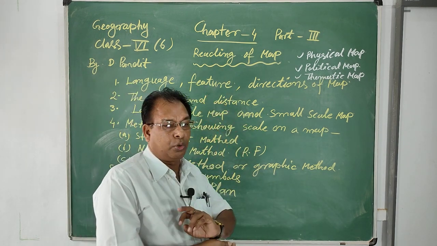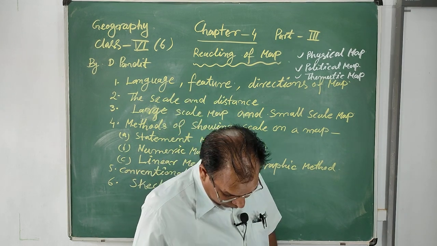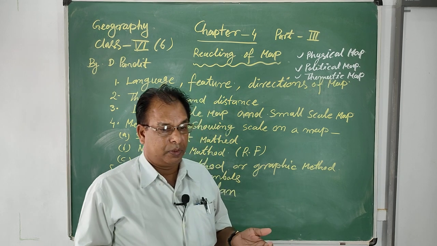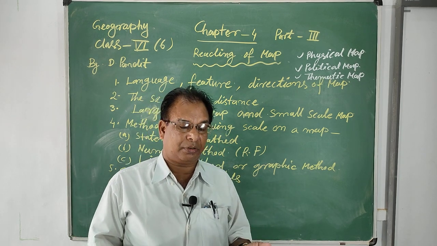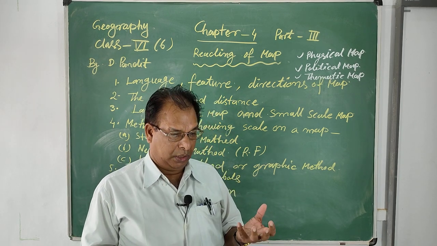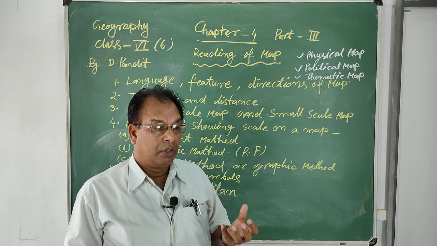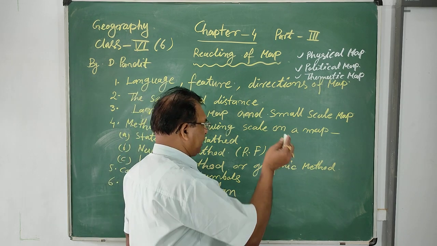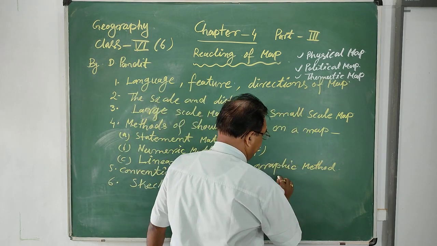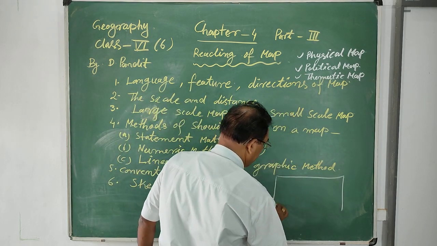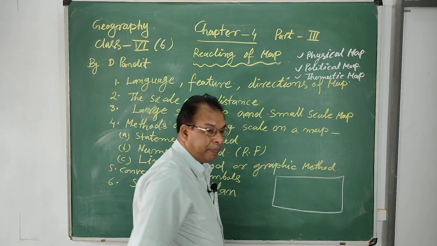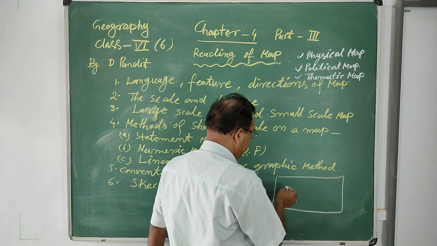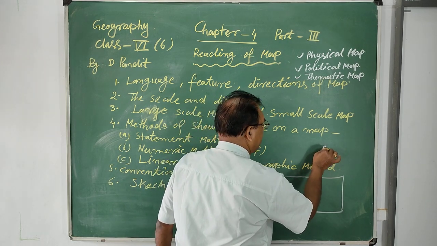Features. There are many features of the map. That means a map requires different types of components. For example, a map requires a flat plain paper and a divider.